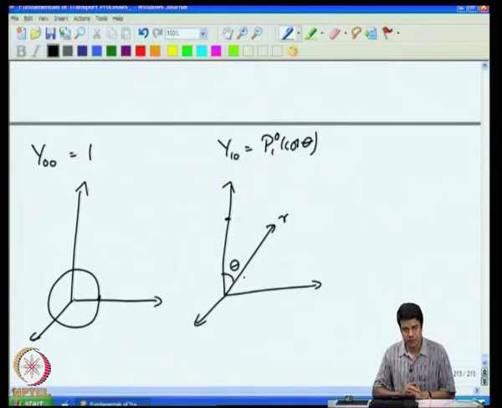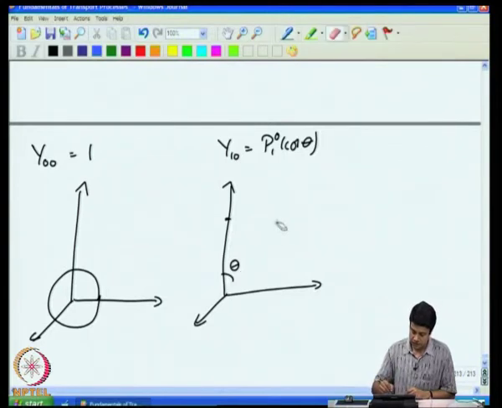So, when theta is equal to 0, the value will be 1. When theta is equal to pi, it will be minus 1. At theta is equal to pi by 2, along the x y plane, this has 0 value. So, if you plot surfaces of constant y10, they will actually look something like this.